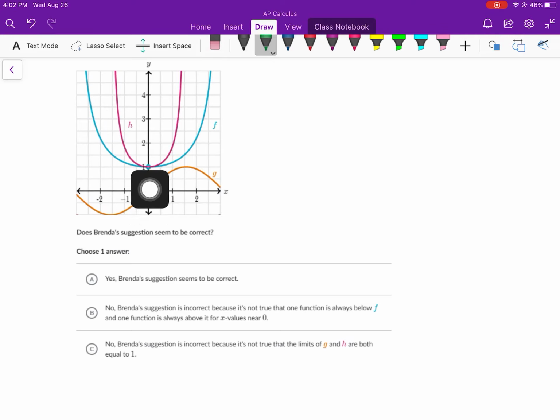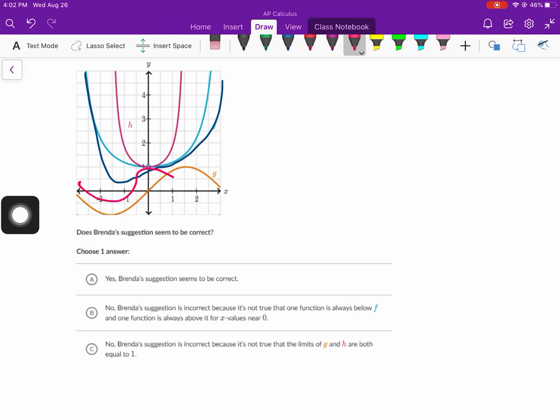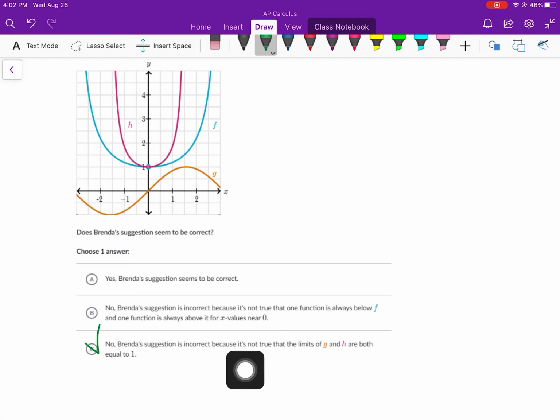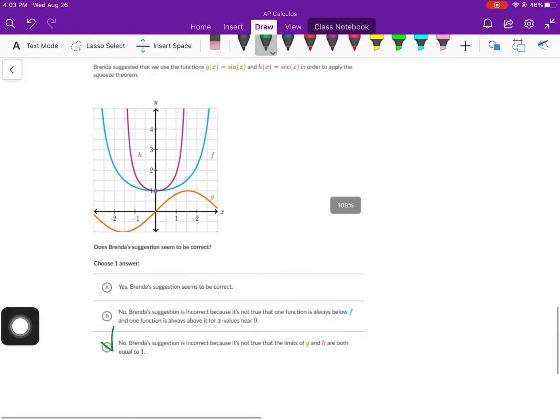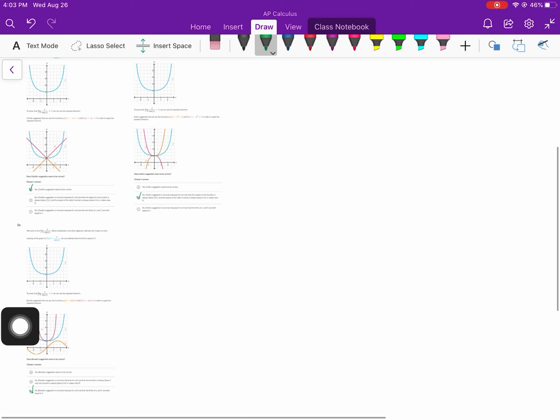No, it's not, because the limit for this orange graph for g is not 1 at that spot. So this blue graph, for all we know, could be doing something like this, and it wouldn't actually truly approach 1. We need this orange graph to go up to 1 to compress that blue graph within it. So that's going to be the last reason. No, Brenda's suggestion is incorrect because it's not true that the limits of g and h are both equal to 1.